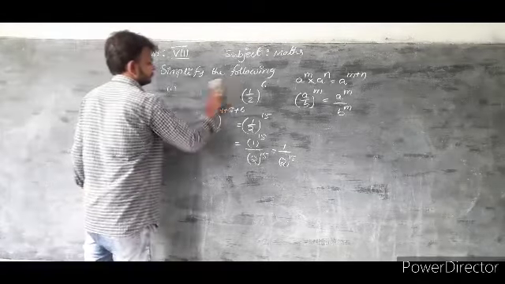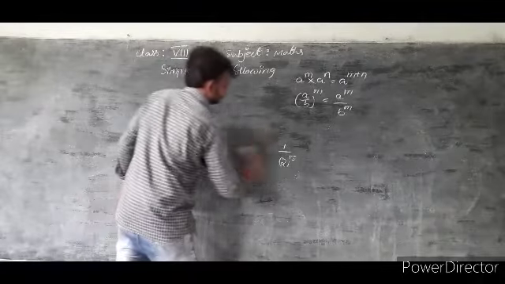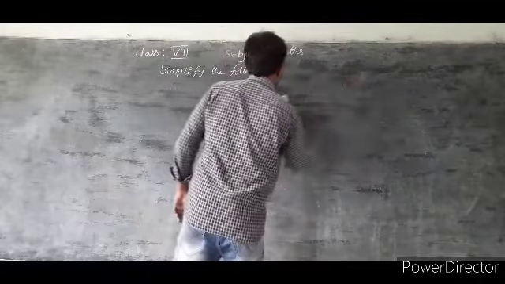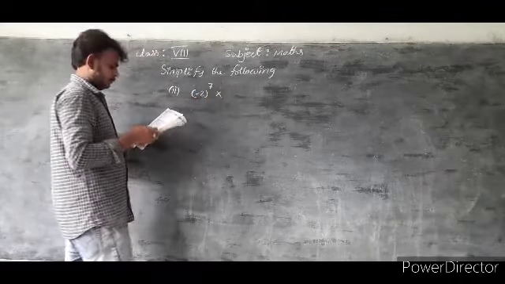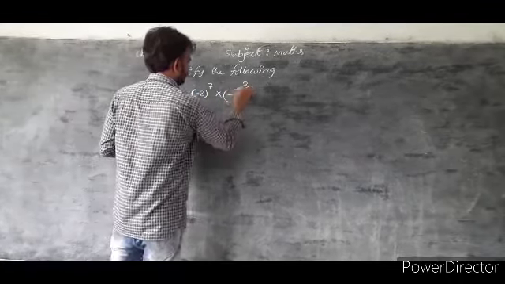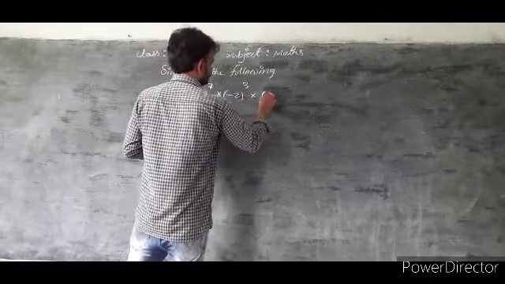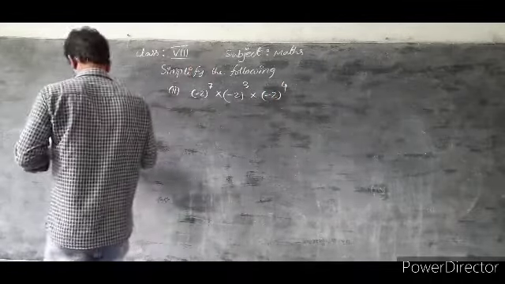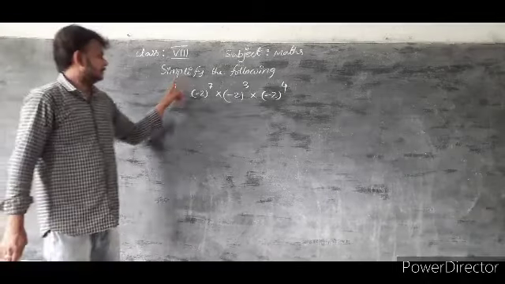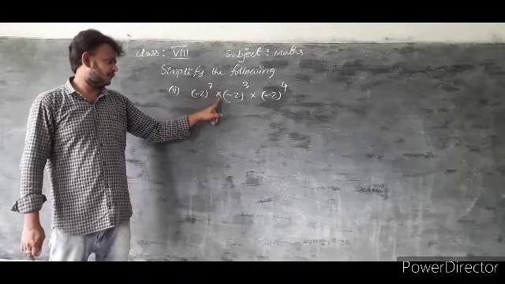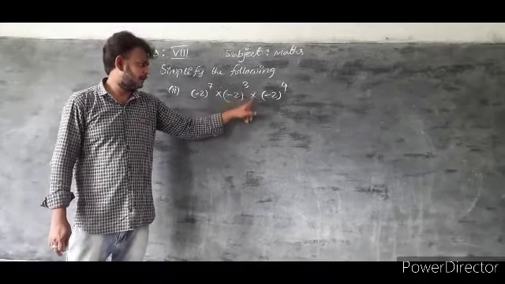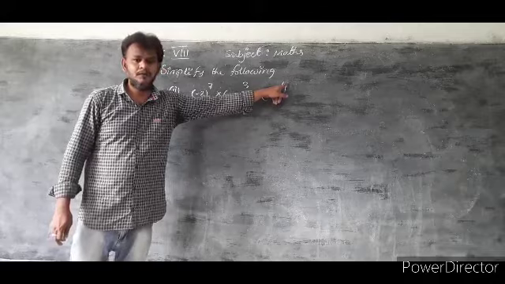Second problem. Simplify the following: (-2)^7 × (-2)^3 × (-2)^4.